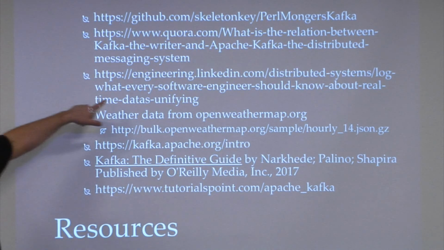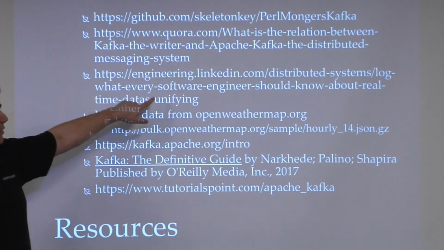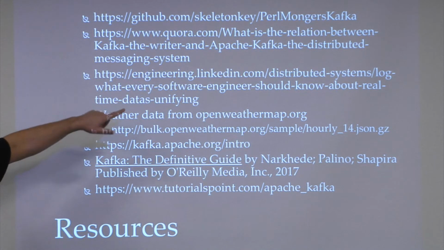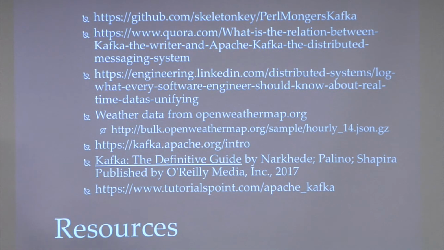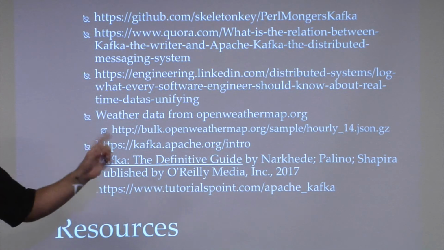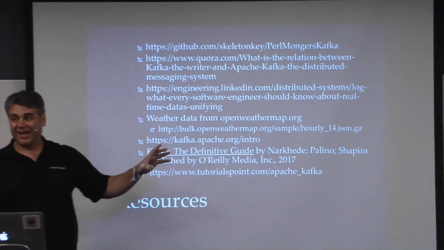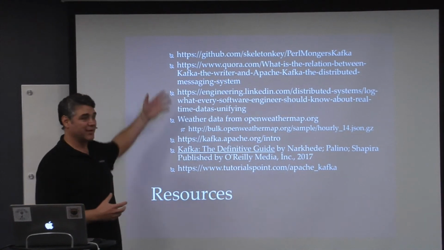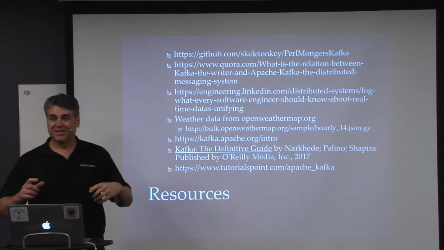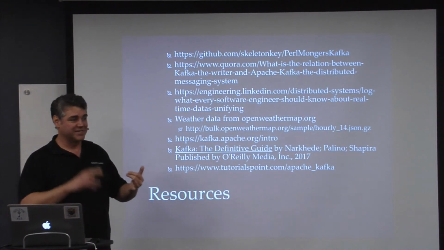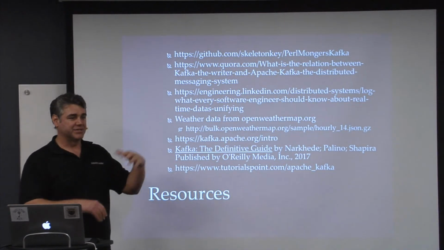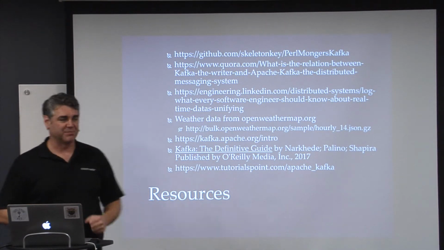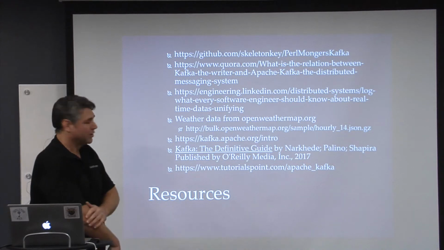It came somewhat out of his piece, The Log: What Every Software Engineer Should Know About Real-Time Data's Unifying Abstraction. It's a really good book on logging, and it makes you understand where he's coming from, in the sense that everything, databases, Hadoop clusters, is just a log, and we're just doing it in a much more efficient manner.